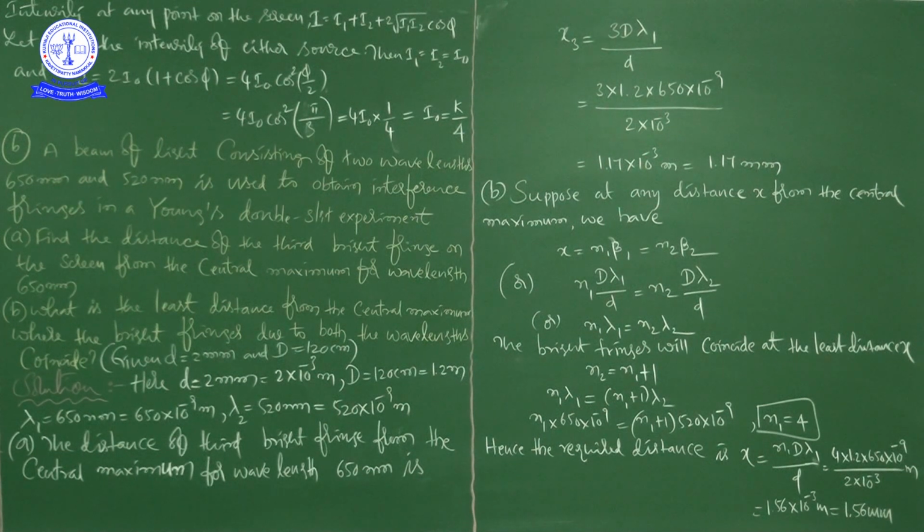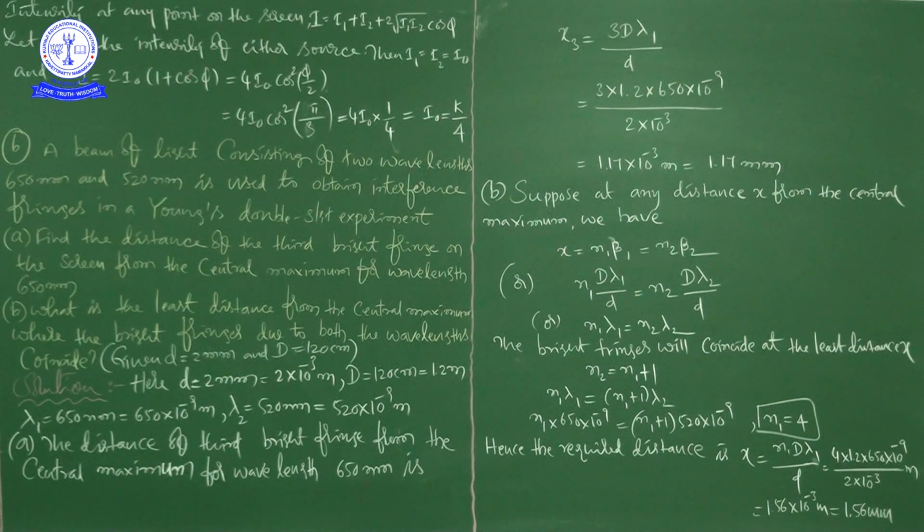So 3 into 1.2 into 650 into 10 to the power of minus 9 divided by 2 into 10 to the power of minus 3, okay? If you do this mathematical process, multiplying these and dividing, you will get 1.17 into 10 to the power of minus 3 meter, that is equal to 1.17 millimeter, okay?